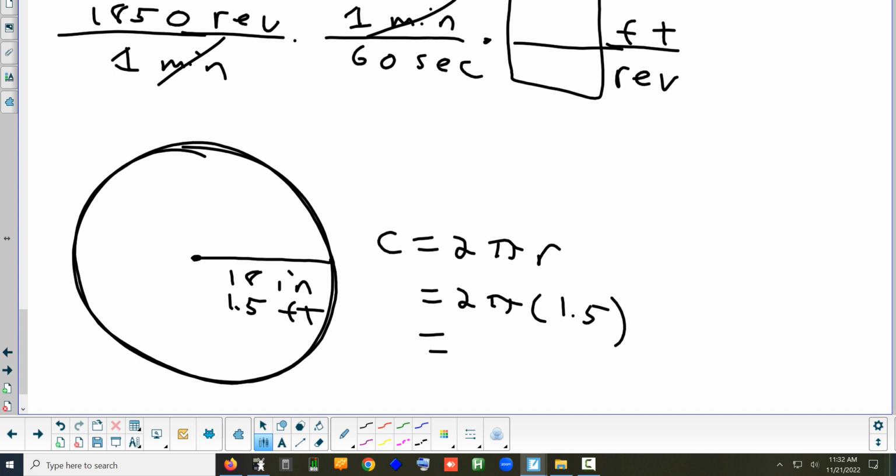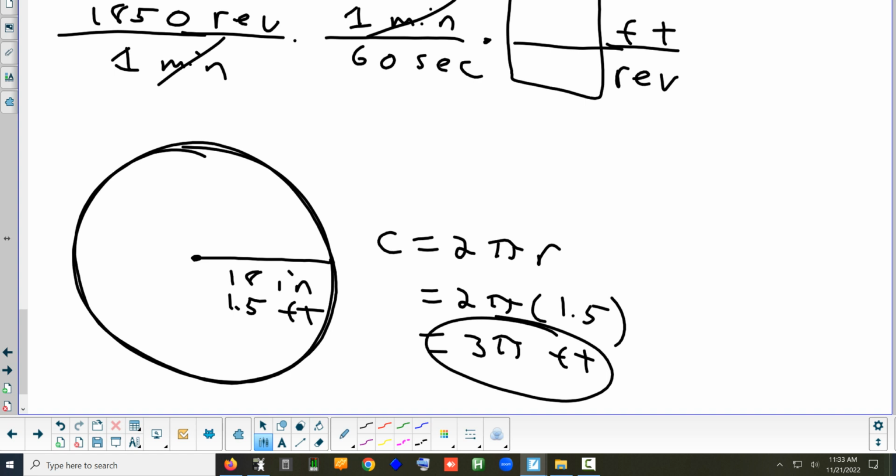So what's the circumference of this tire as an exact answer? 3 pi. And what's my unit on that? Feet. So it's 3 pi feet.